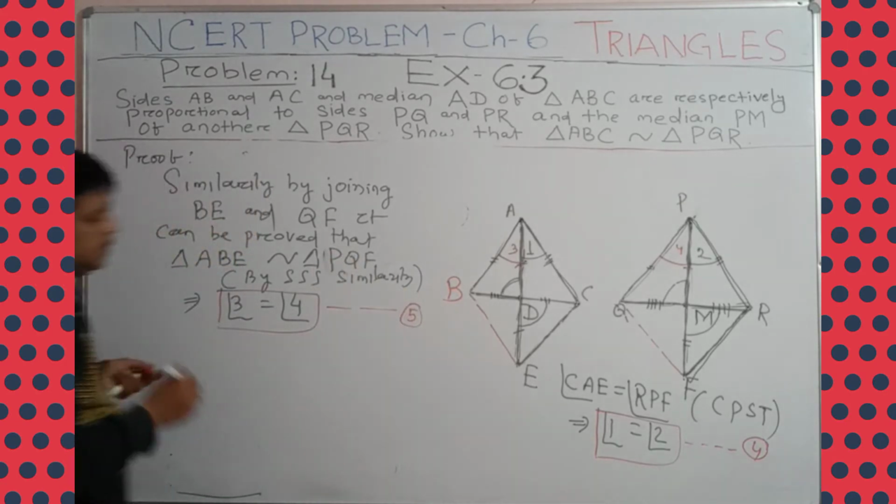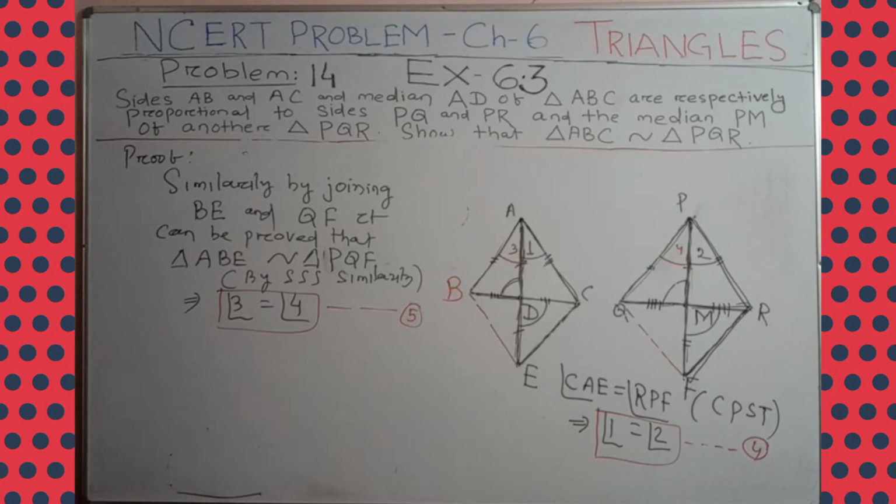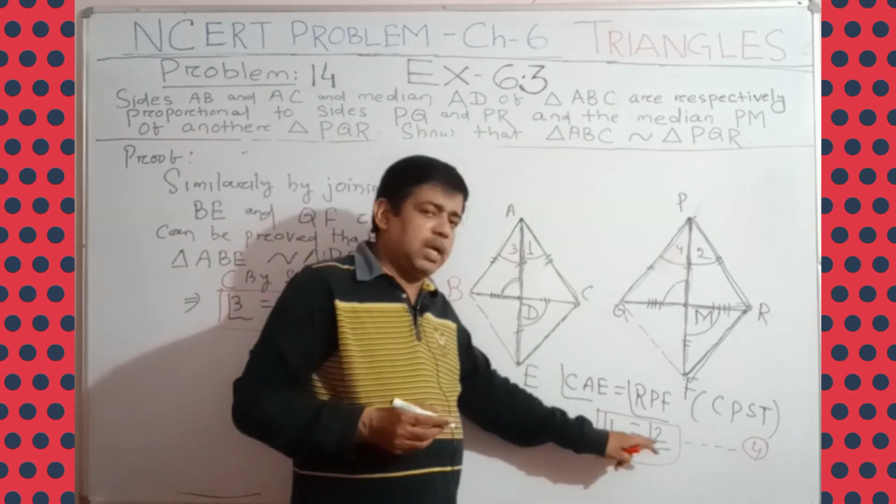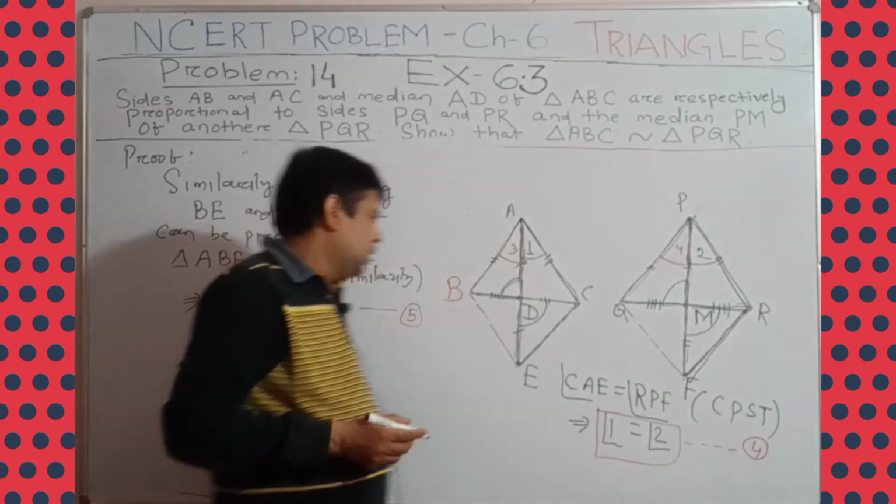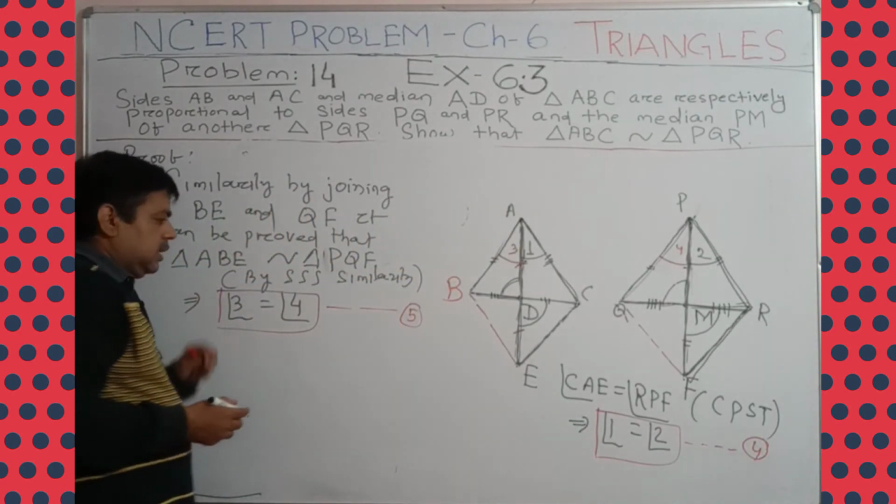Is it clear? Okay. Now see. From equation 4, what are you observing? Angle 1 is equal to angle 2. Yes or no? And in equation 5, angle 3 is equal to angle 4.